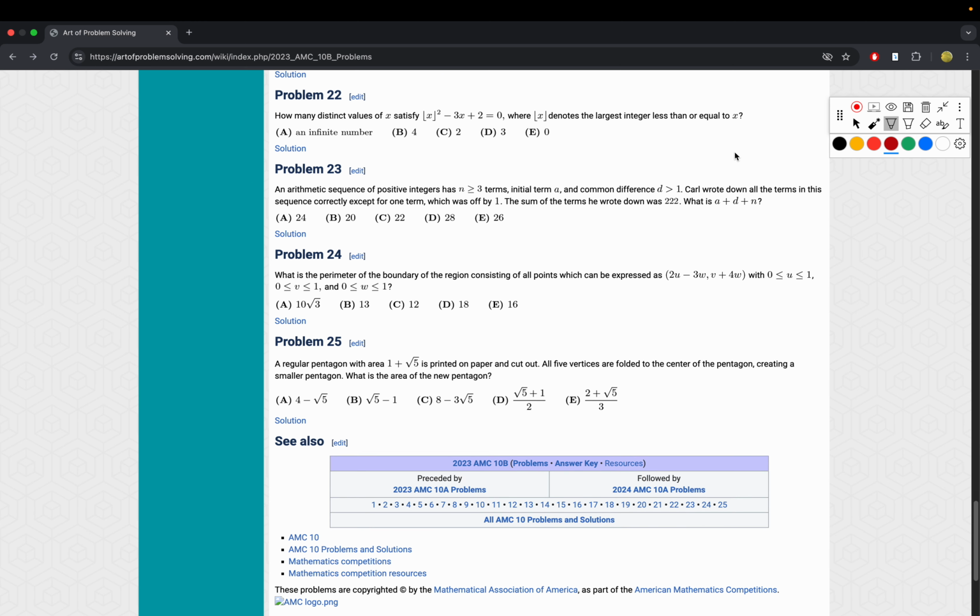Number 22. It'll be the last problem for this video. How many distinct values of x satisfy this? To be honest, I remember I got x equals 1 and 2 here. And then I realized, okay, let's say x equals 1.2, 1.3.